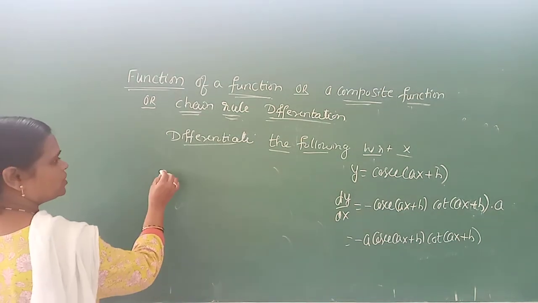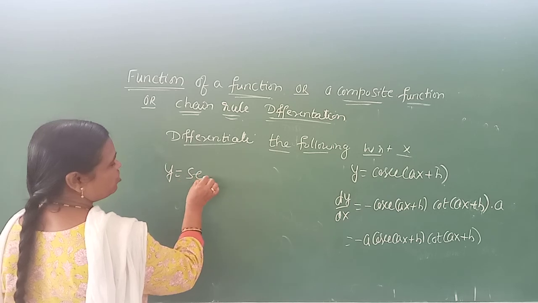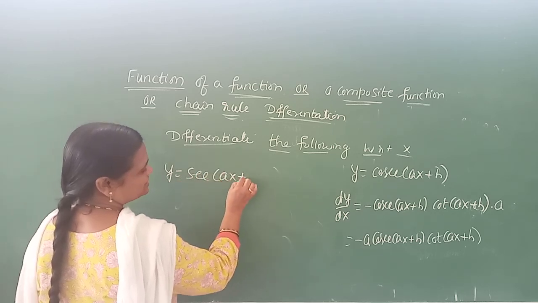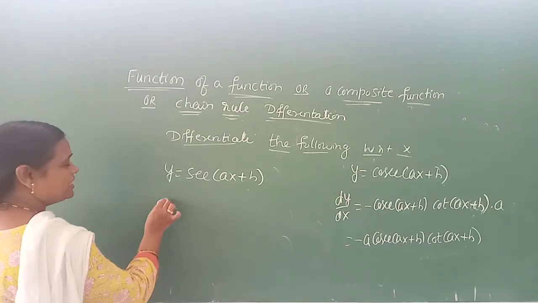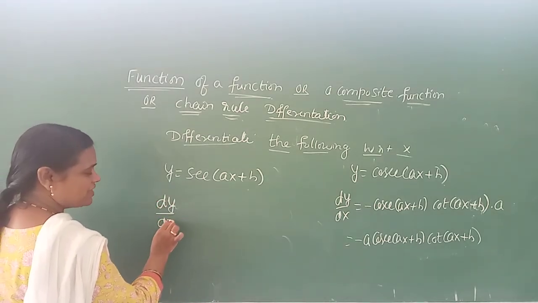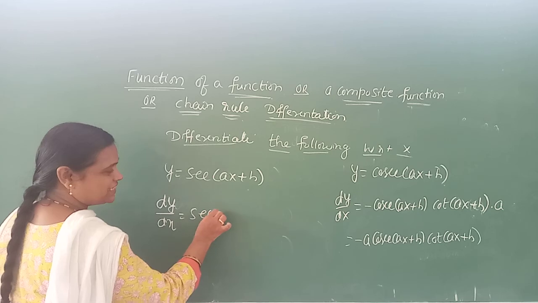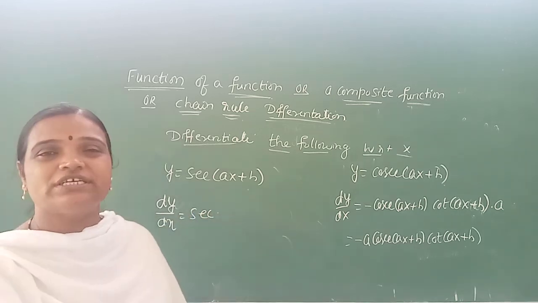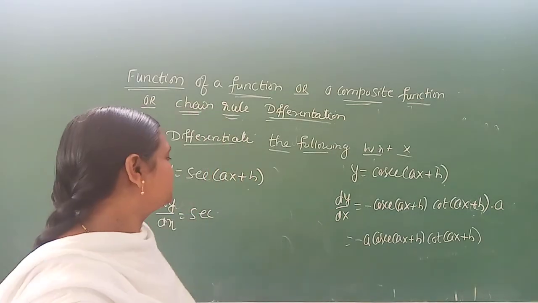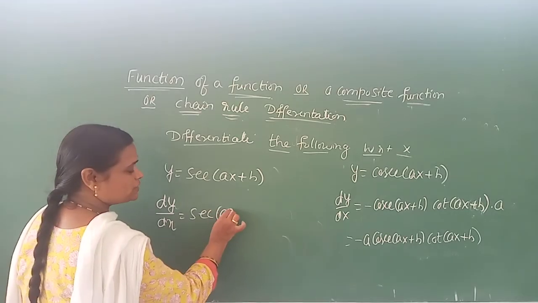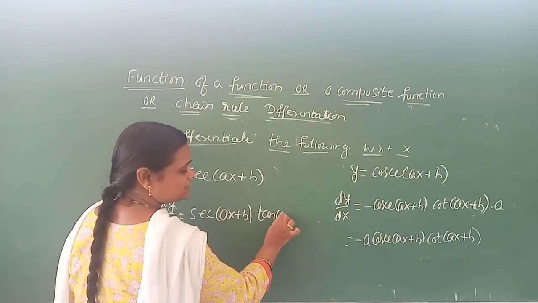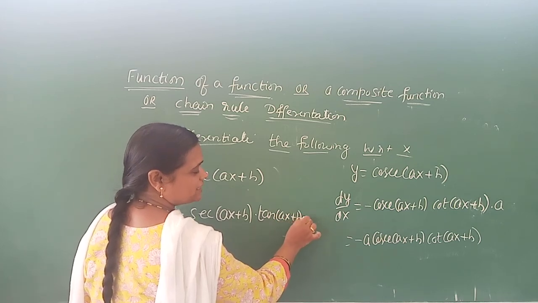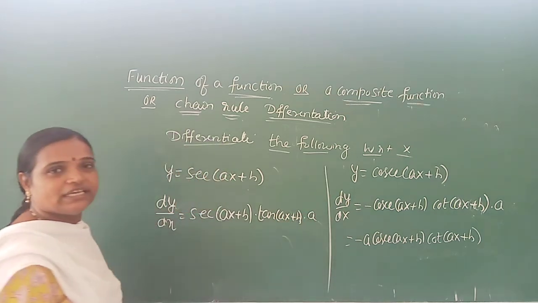Similarly, we can write y is equal to sec of ax plus b. Differentiate y with respect to x: sec x differential is sec x tan x. Here sec x is sec of ax plus b, tan x is tan of ax plus b, and we know the ax plus b differential is a.